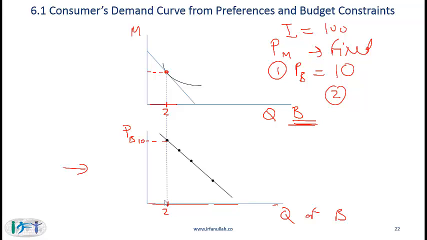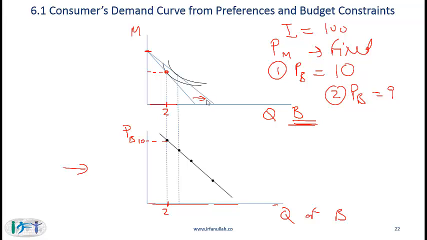In scenario 2, the only thing that we change is the price of bread. So let's say the price of bread goes down from 10 to 9. What will happen? The budget constraint shifts. Notice this point stays the same because we are fixing the price of milk, but the price of bread is down, which means that the budget constraint has moved to the right.